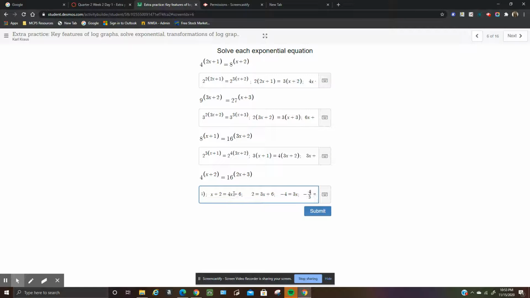My math here looks right. So just reviewing each problem, just reviewing the answers here. The first one, x equals 4.